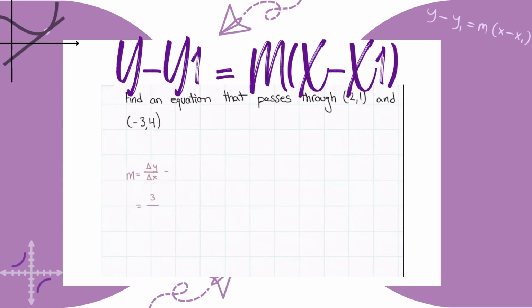You want to be careful with your signs because it's 4 minus 1 over -3 minus 2, which is 3 over -5. So this would be your slope over here, not 3 over 5, 3 over -5. So your slope is a negative, not a positive.